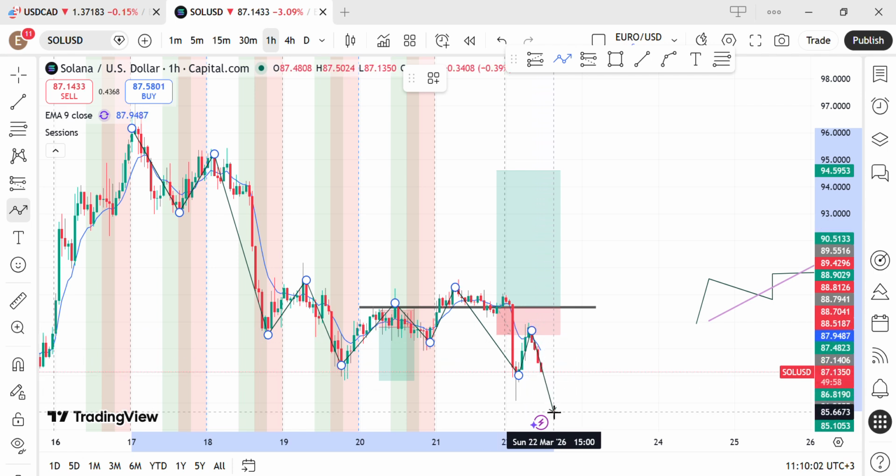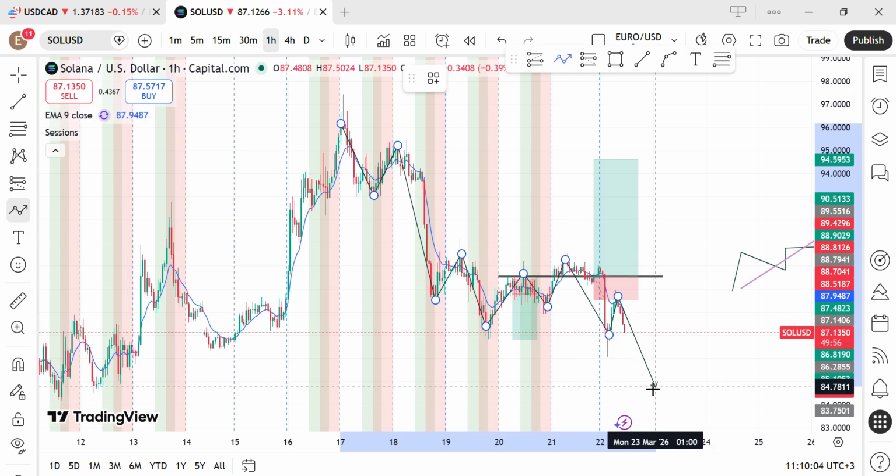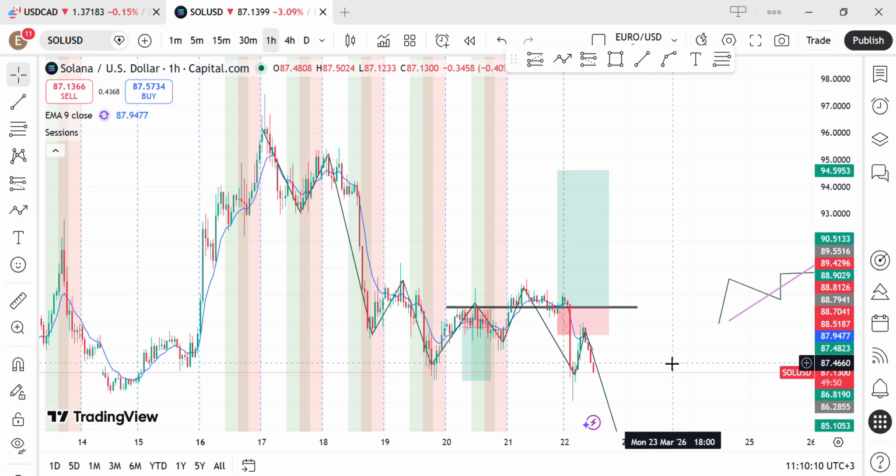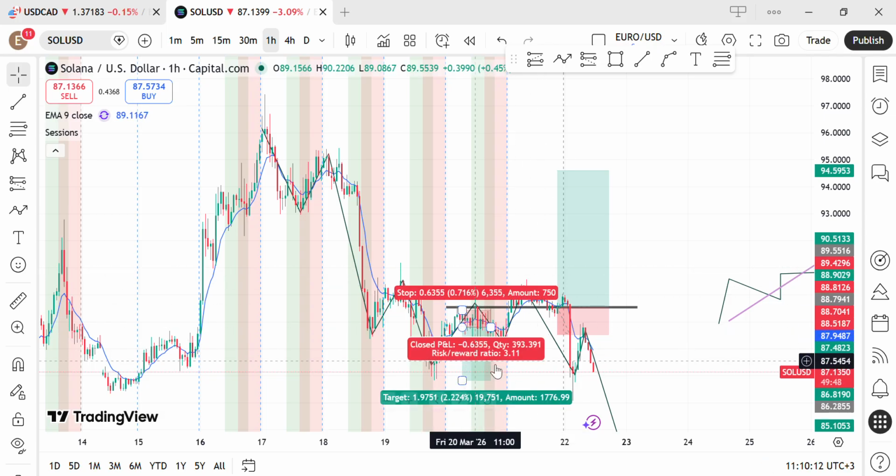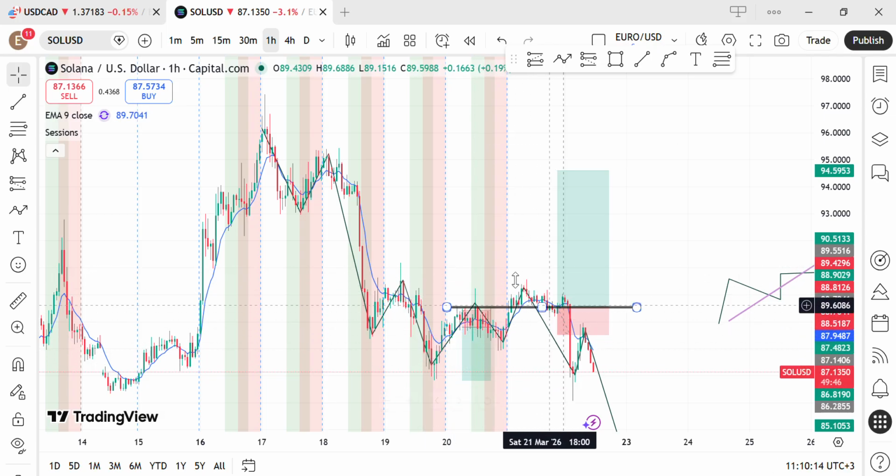It's continuing to make a lower low, and it might, I don't know, price may continue to do that till this other side. Now this is the area of interest that I have noticed.